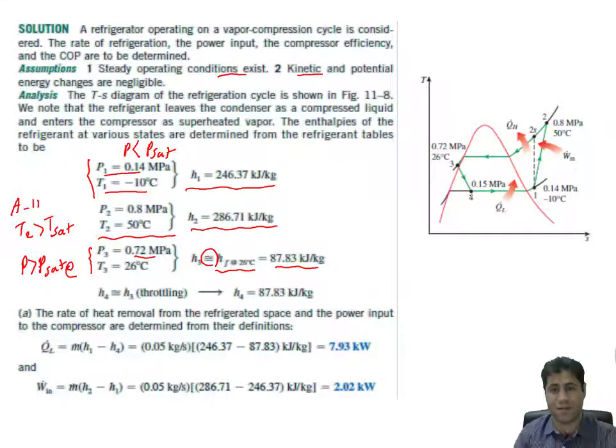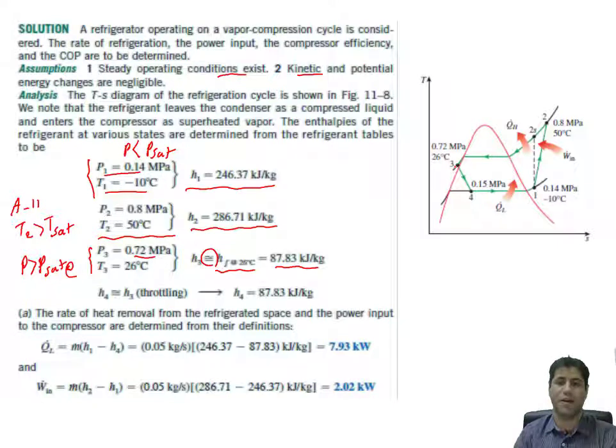How about the enthalpy at state 4? If you remember, enthalpy at state 4 is equal to enthalpy at state 3, because if we included the change in the system due to heat transfer in the connection part, it would not be like this.